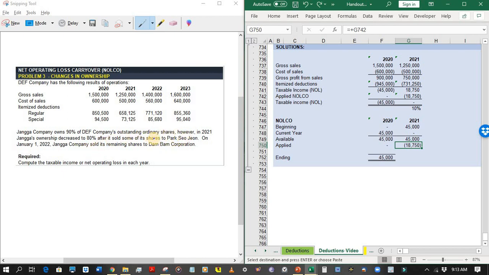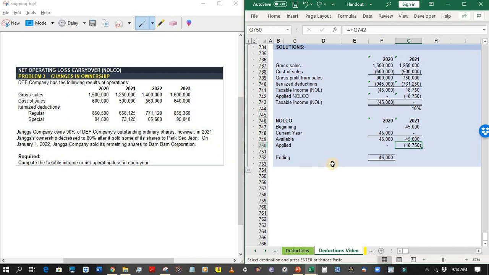However, on January 1, 2022, which is the start of 2022, all the 80% were sold to Dambam Corporation, which means that there is a substantial change in ownership that occurred in 2022.